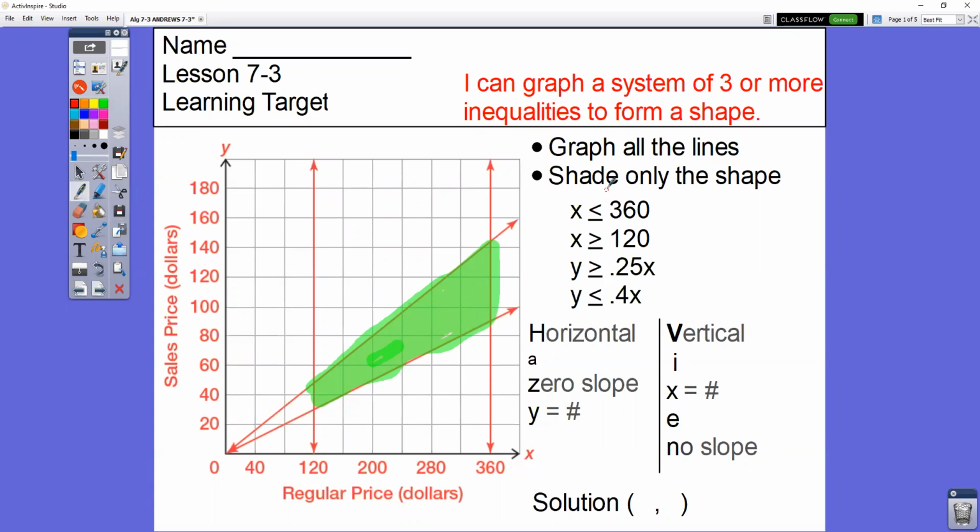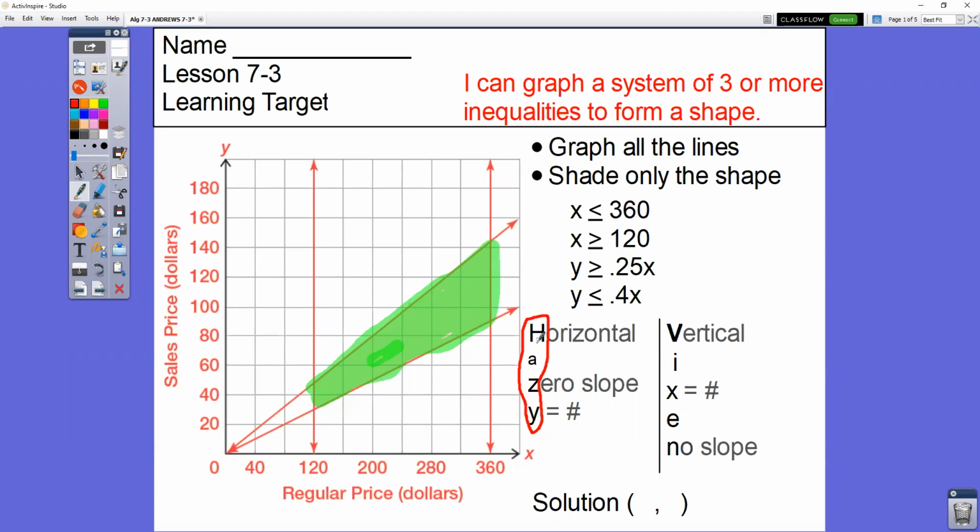If we look at this one, we had x is less than or equal to 360. Now you have to remember hazy vixen. We didn't get to the zero slope and no slope part yet, but that's what the Z and the N stand for, in case you're wondering if the other letters stood for something. They actually do.